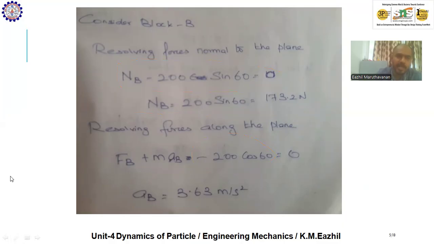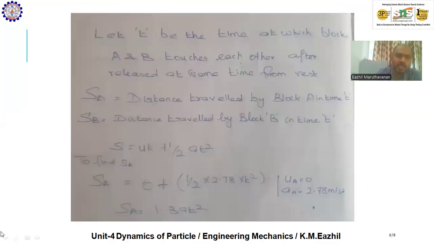Then it is given that the object moves from rest. When it starts to move, we have to use the equation S is equal to ut plus half at square to find the distance. Let t be the time at which the blocks A and B touch each other. After it is released, the distances traveled by block A and block B will differ, whereas the time taken to travel will be the same.